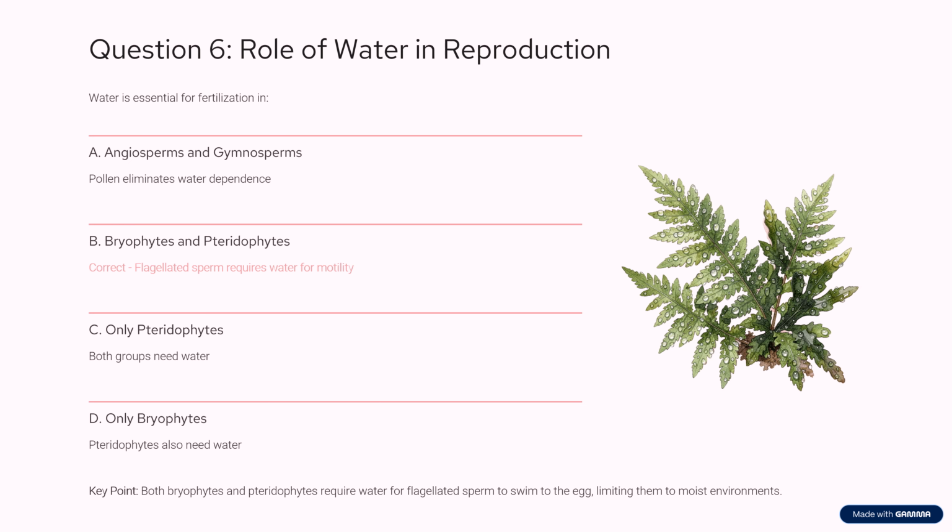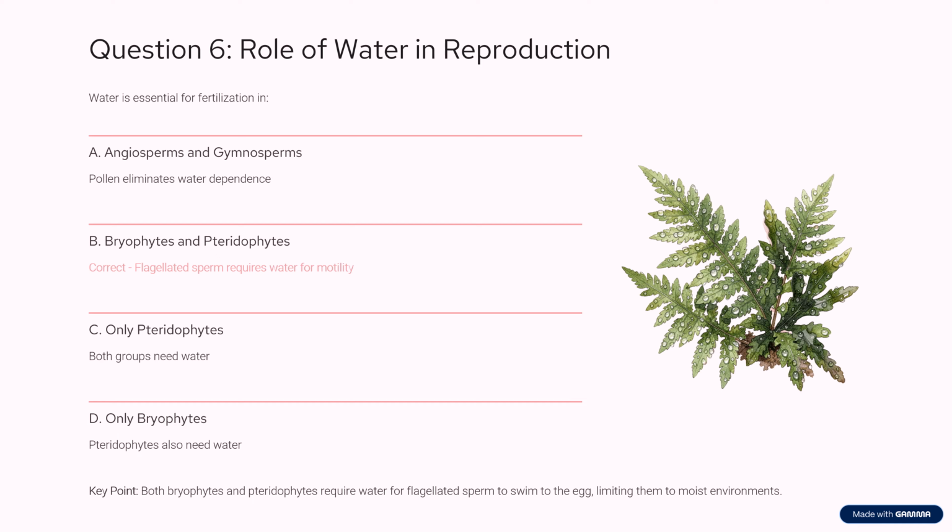Question 6. Role of water in reproduction. Which is essential for fertilization in A. Angiosperms and gymnosperms. Pollen eliminates water dependence. B. Bryophytes and pteridophytes. Flagellated sperm requires water for motility. C. Only pteridophytes. Both groups need water.